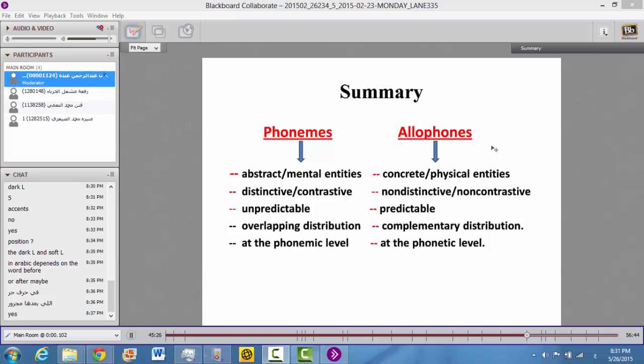So now let's look at the comparison between the two. We talked about the phonemes and we talked about the allophones. And we said that phonemes are abstract mental entities. They are found in the abstract area of the brain, whereas the allophones are concrete and physical entities.